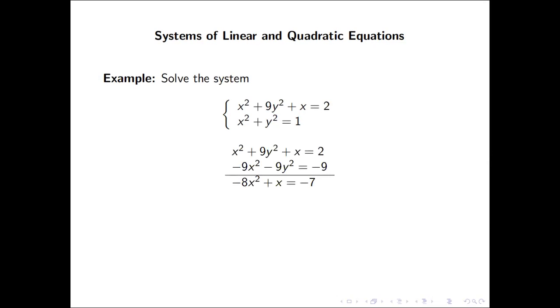Observe the system. We have x squared, y squared, and x for the first one, x squared and y squared for the second one. Now we can eliminate either x or y.